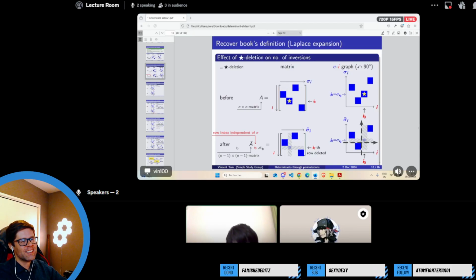Okay, so after the star deletion, I will mark the deleted row and column with this hatched area.